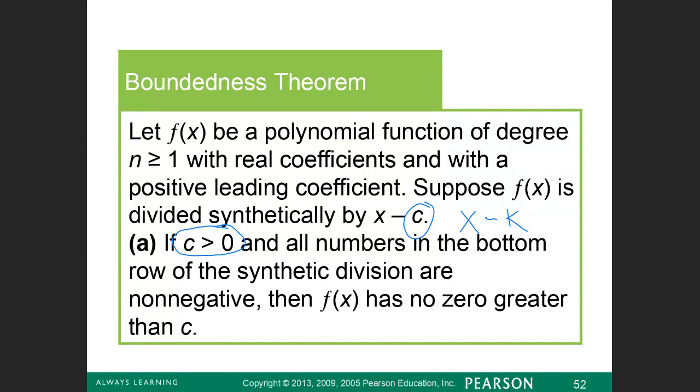So K here is just same as our C here. If C greater than 0, and the answers when you do synthetic division are positive, non-negative, then our f of x has no 0 greater than C. So again, no 0 greater than given value C.